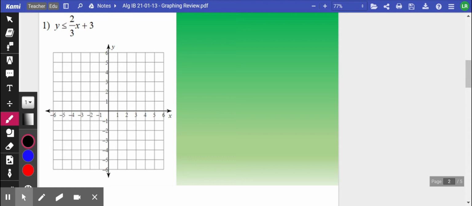Don't forget about dotted solid lines when you're doing this.